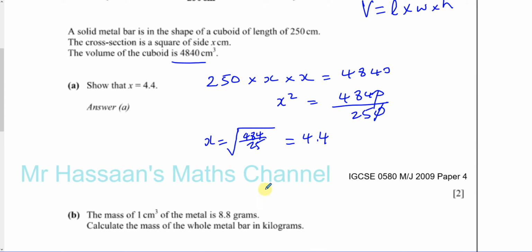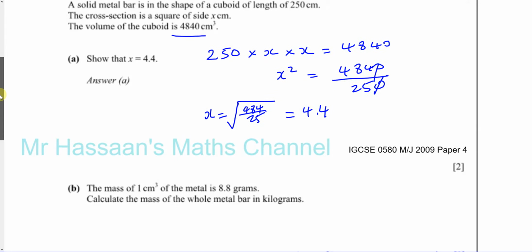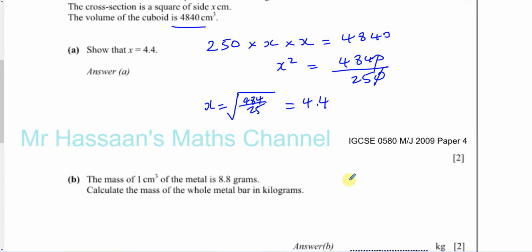It's a simple proportion. We want to find the mass of 4,840 centimeters cubed, and we know that 1 centimeter cubed has a mass of 8.8 grams.